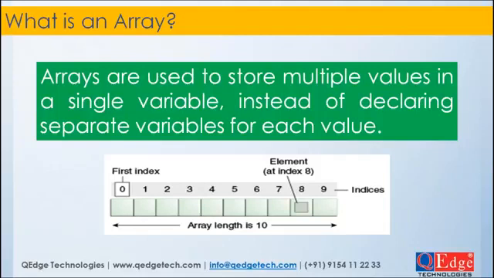Instead of declaring multiple variables, I can go with a single variable where I can store multiple values using arrays. Here at the bottom of this diagram, in the slide, I have given the example image for an array. A single variable where you can store multiple values of the same data type. I'm stressing the same data type.